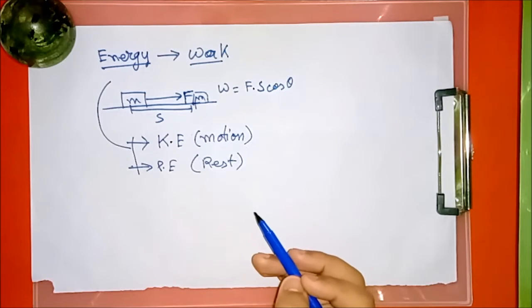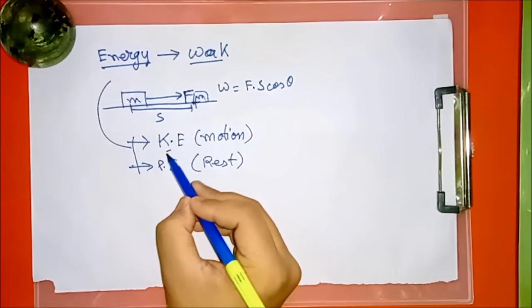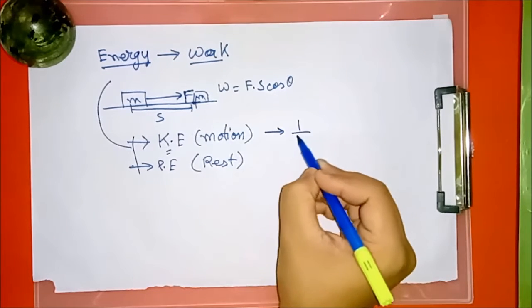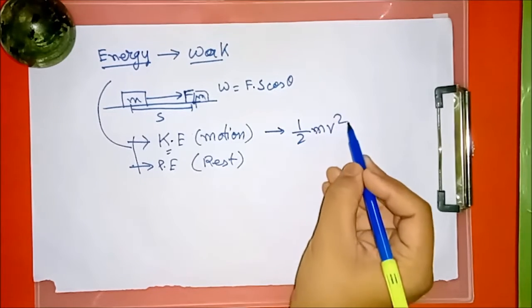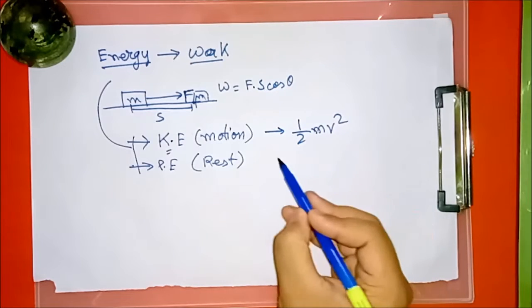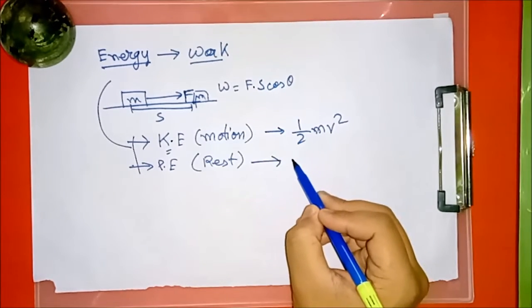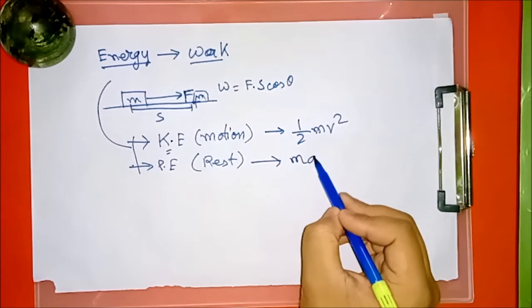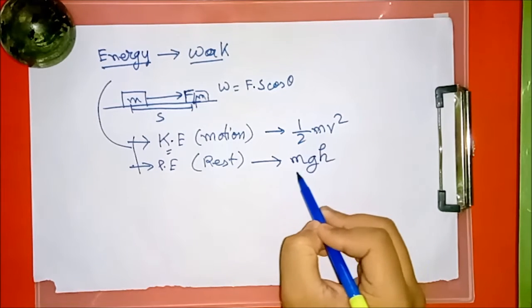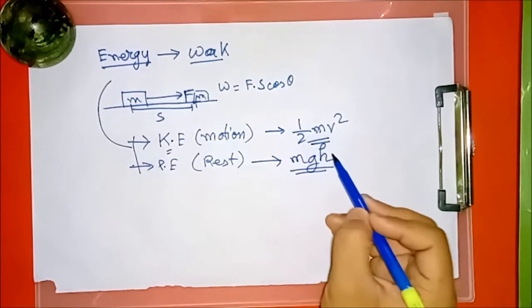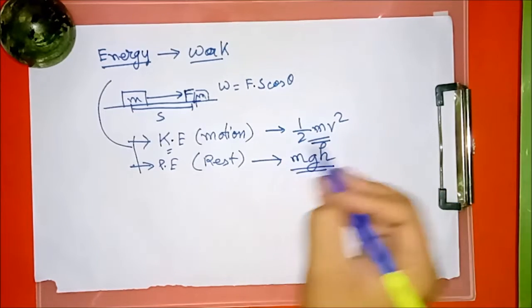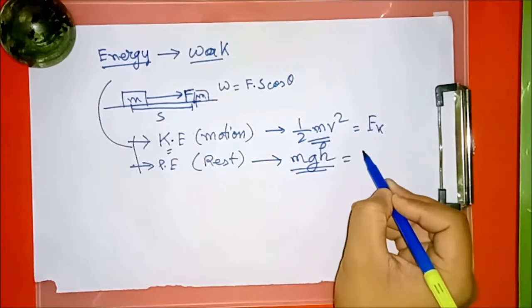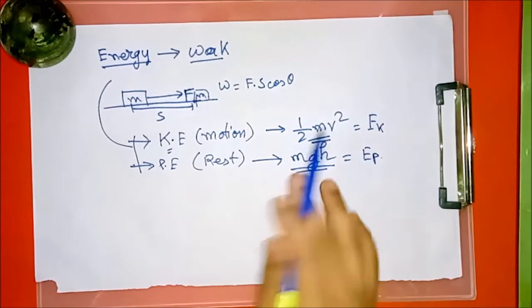Kinetic energy is represented by half mv square, whose derivation is quite basic and elementary, and potential energy is associated with rest and height, so it is represented by mass into gravity into height, mgh. Sometimes it is represented by E suffix k, and sometimes by E suffix p.